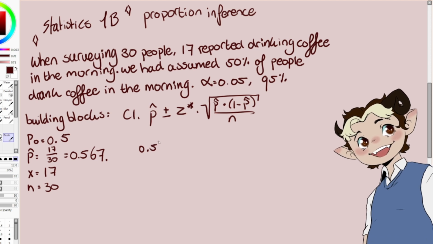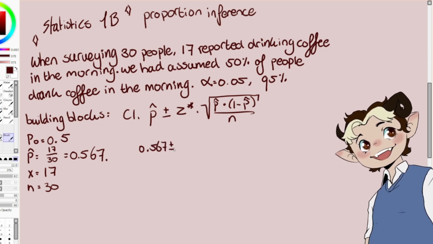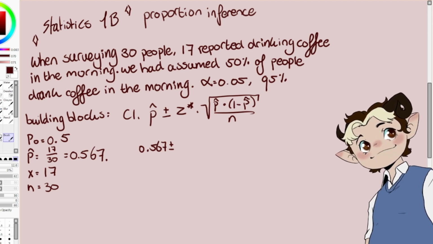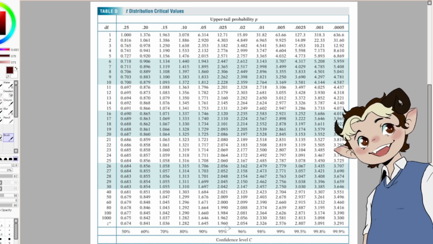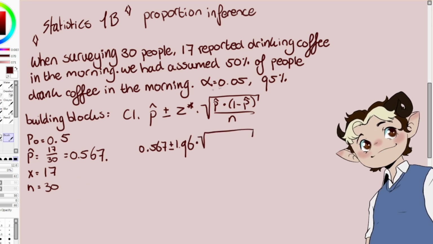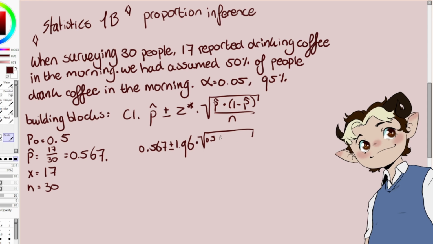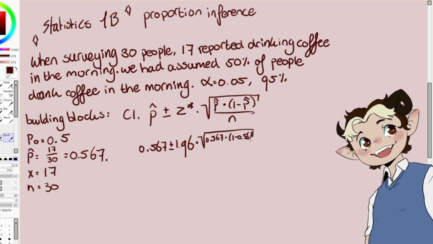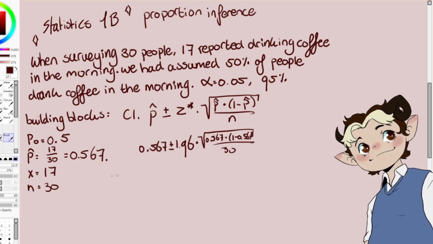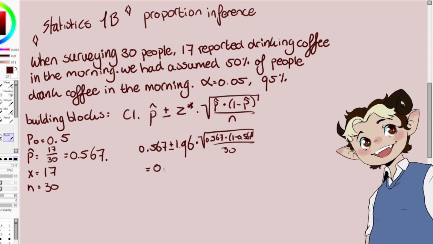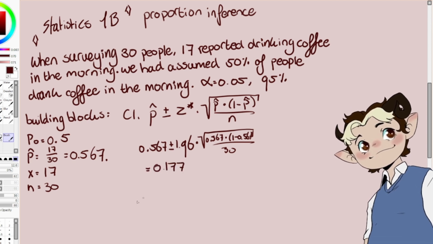So let's plug in those numbers. That is 0.567 plus minus, for a 95% confidence interval and proportions, everything is z, so we can just use our z-score of 95%, which is 1.96 times the square root of 0.567 times 1 minus 0.567 divided by 30, which gives us a margin of 0.177.